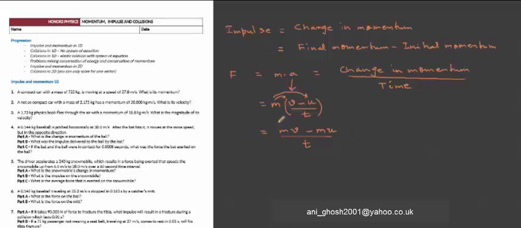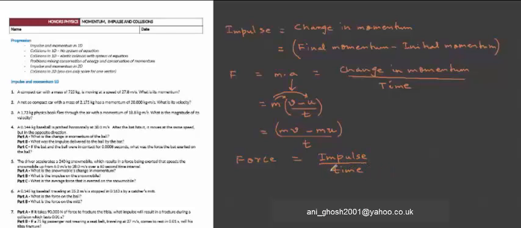Right? So then this part out here is the same as the impulse. You see that? The final momentum minus the initial momentum. So therefore we have force. Force acting is equal to the impulse, the change in momentum, over time.